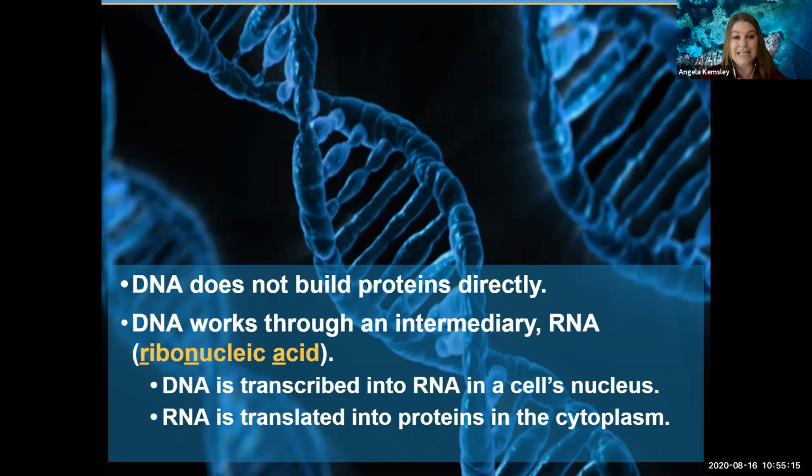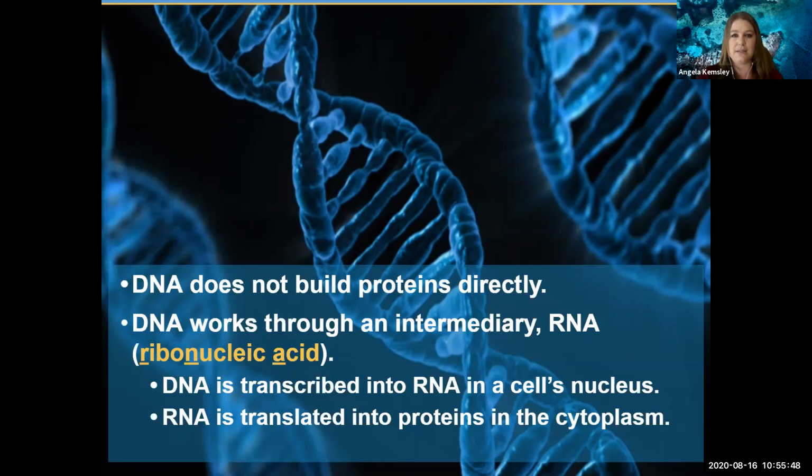For right now, here's what I want you to get out of this. DNA does not build proteins directly. Rather, DNA is transcribed. Remember that word. DNA is transcribed into RNA, and also remember that this transcription happens in the nucleus. DNA is found in a cell's nucleus, and if the cell is functioning properly, you will not find DNA outside of the nucleus.